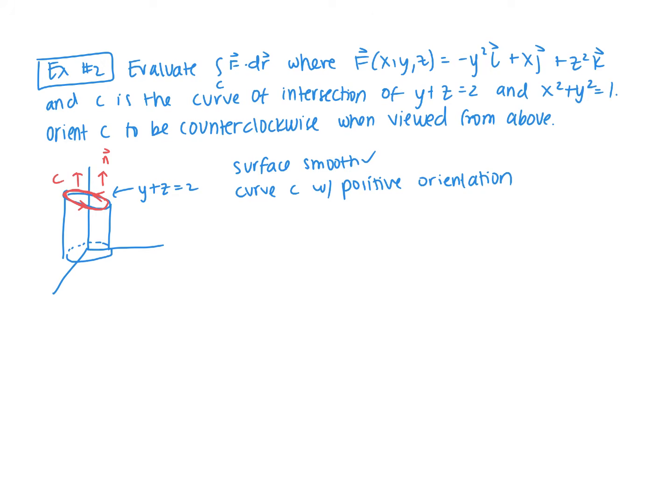So that's the positive orientation that we're going to use. Okay, so then it's going to be negative z of x, negative z of y, and positive 1, eventually when we get to the point of calculating that. Okay, so both of those are met. That tells us we can use Stokes' theorem. So that's what we're going to do.